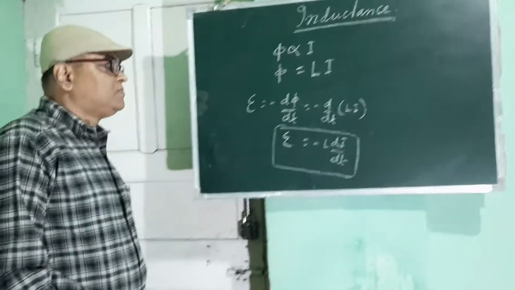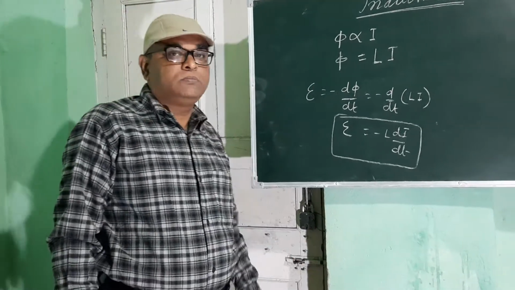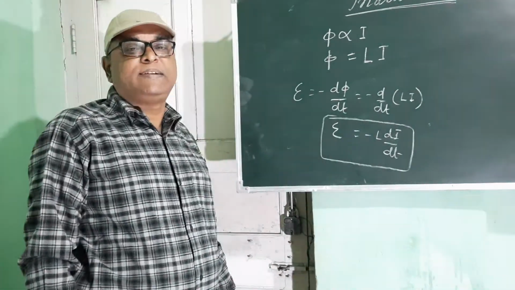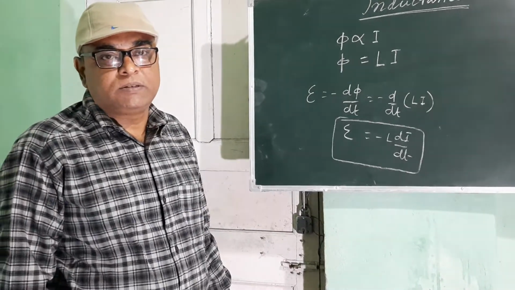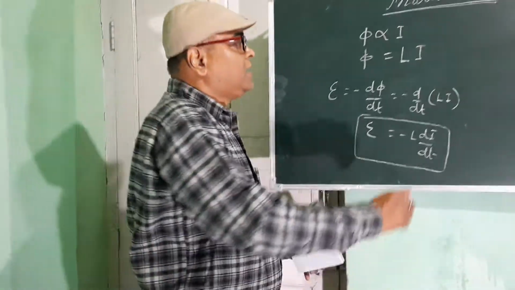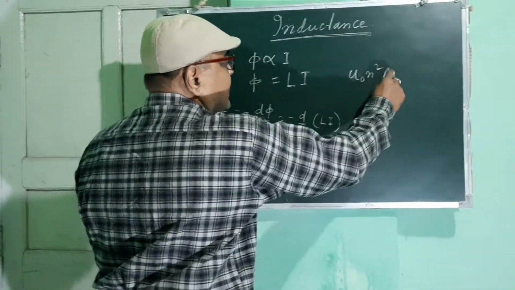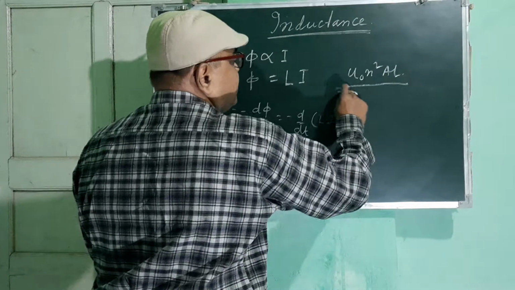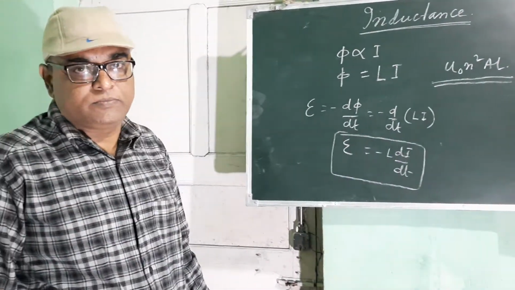So that is another form of self-inductance. Now, the self-inductance for a long solenoid, we know, has the value mu 0 n square A l. So that will be the value of the self-inductance of the long solenoid.